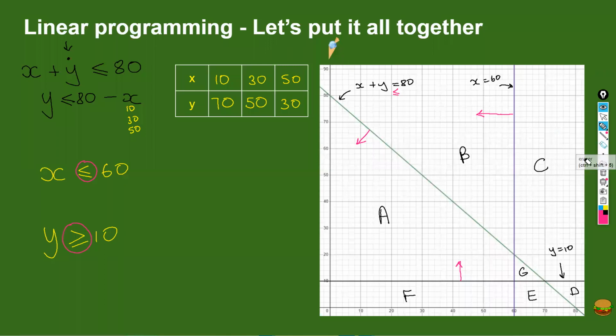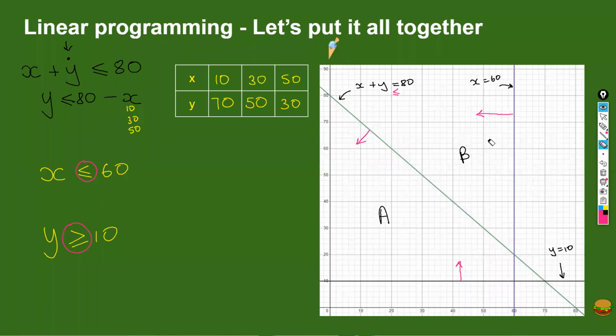So definitely anything on this side, it can't be C, it can't be G, it can't be E, it can't be D, because none of these regions will have purple, because the purple brush is going this way. It cannot be F because we're going above this line, so below this line will have no black paint. So F is out. So it's between A and B. Which one do you think is the correct one?